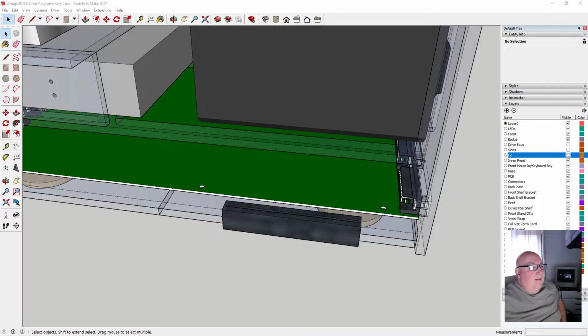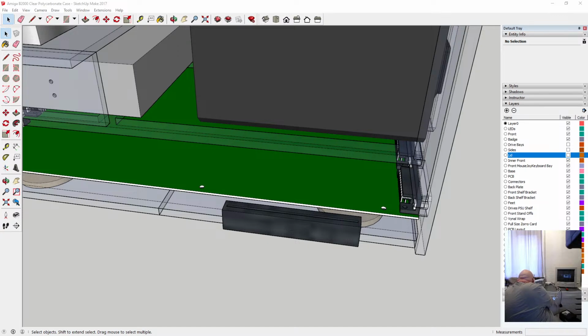Right, we're back. Okay, let's measure this. It's too dark for measuring, so let's put the lights on. So we've got, just measuring the graphics slot on the Amiga.